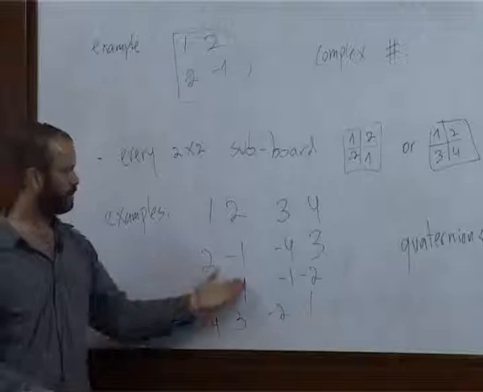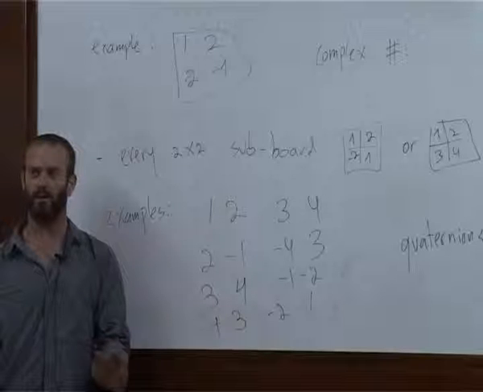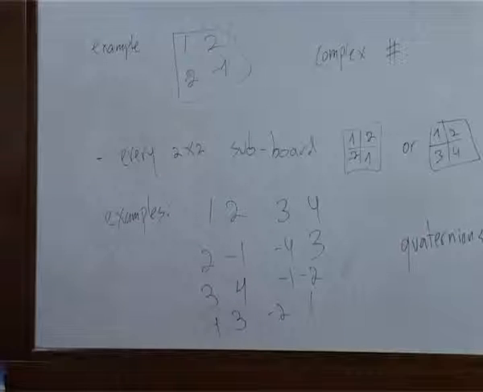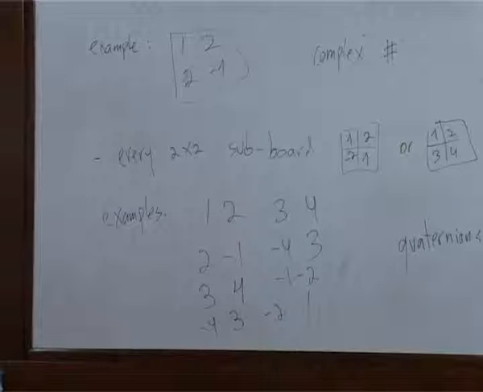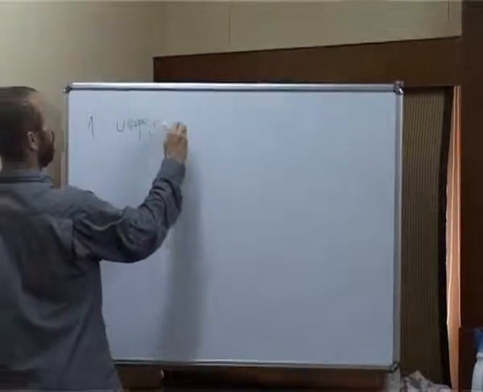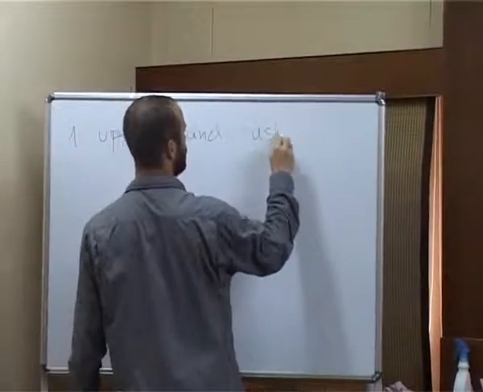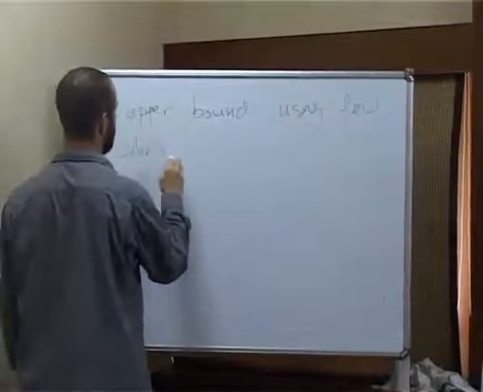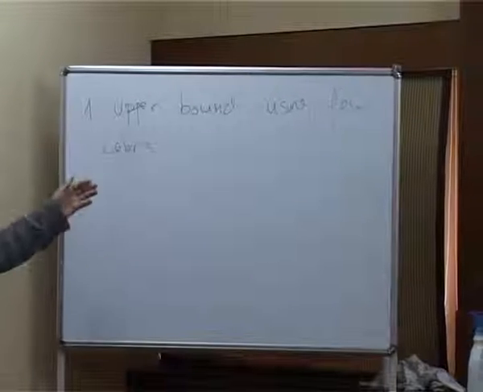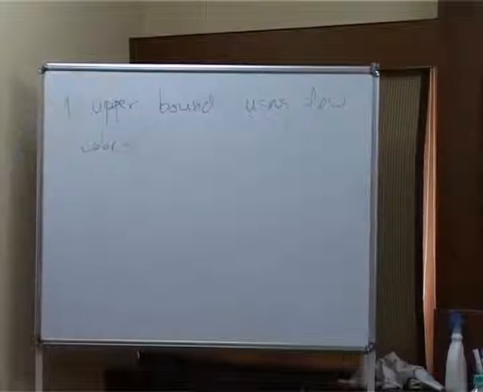But if you try to repeat this procedure, Horowitz told us you will get stuck. This will not work. But here is a way to continue that will always work. The first part is the upper bound, using few colors. We will not start with coloring an n by n board.